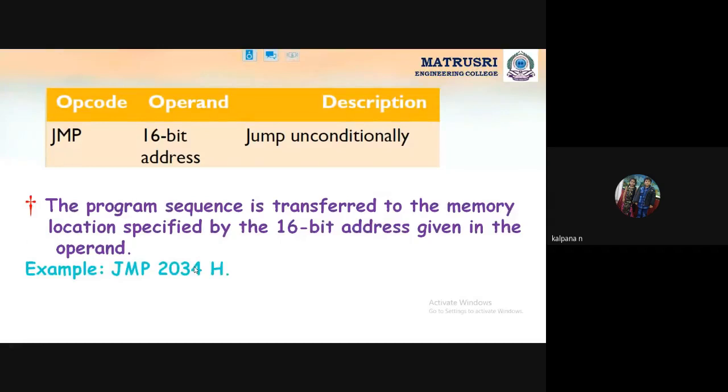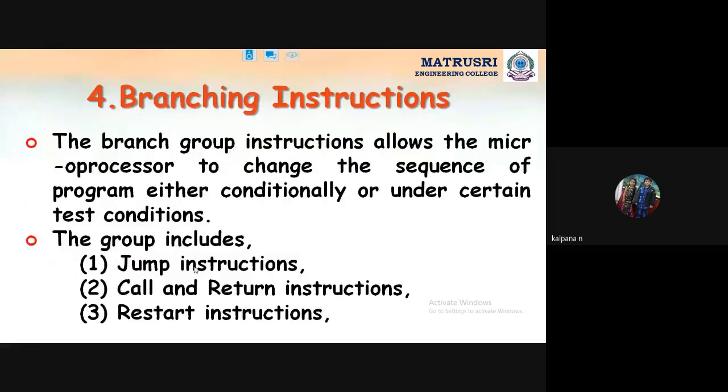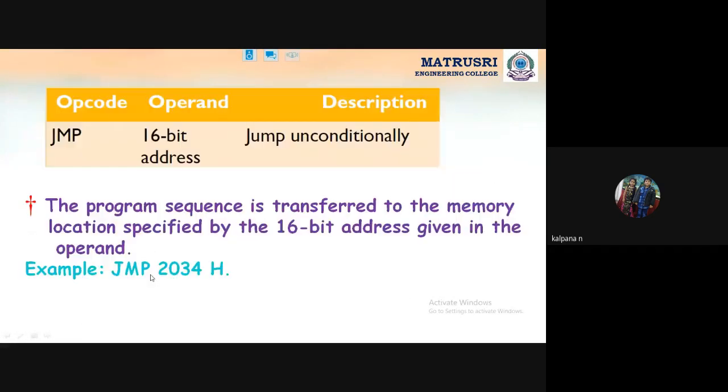Next, the first group of instructions: the jump instruction. The opcode, or mnemonic, of jump is JMP. JMP means jump from one place to another, from one memory location to another memory location. And here this JMP is unconditional.